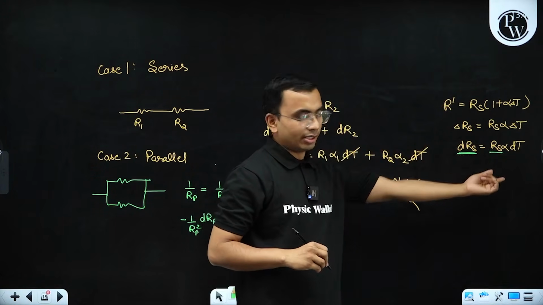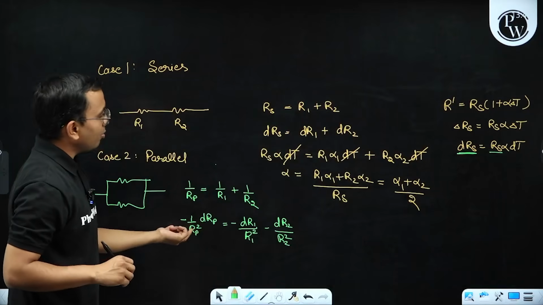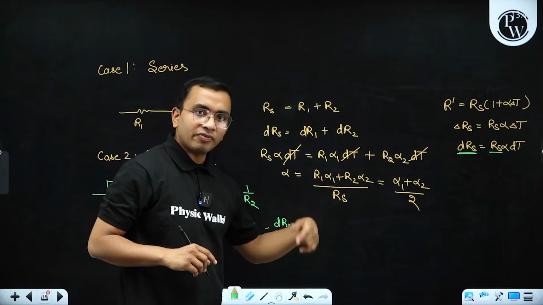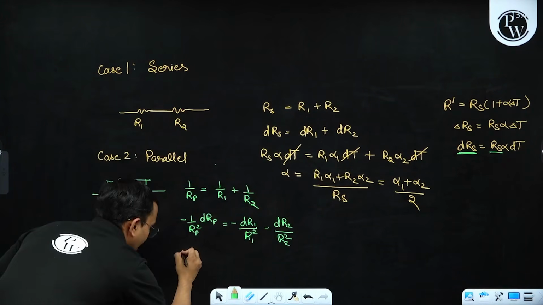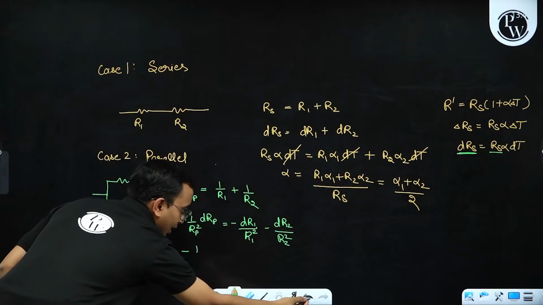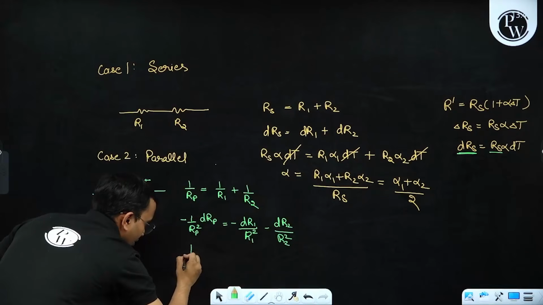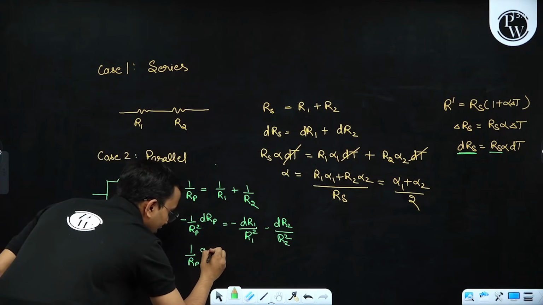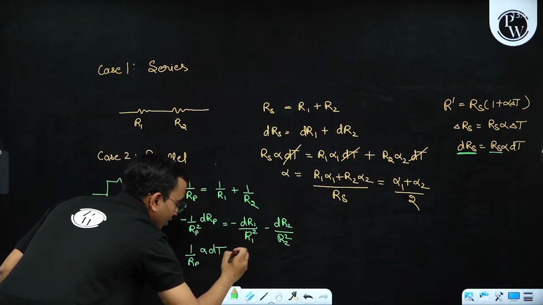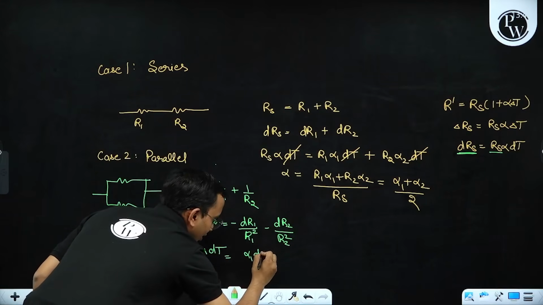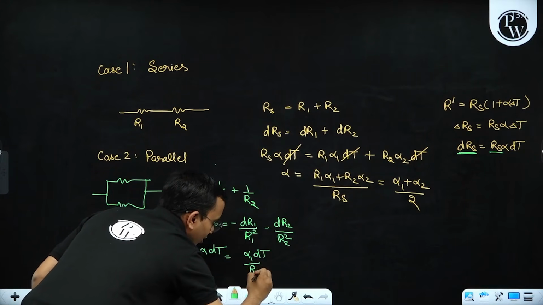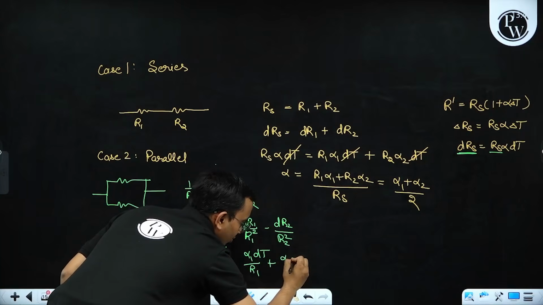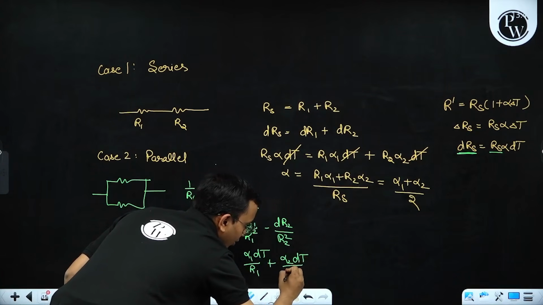That is alpha delta t. So similarly, dR parallel by R parallel will be alpha effective into delta t. So the minus signs I am cancelling out. This will become 1 by R parallel into alpha effective into dt, equals alpha 1 dt by R1 plus alpha 2 dt by R2.